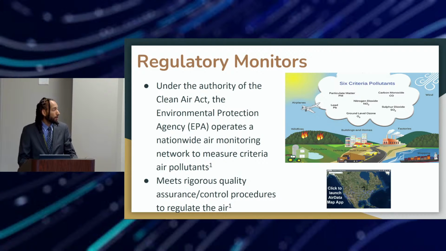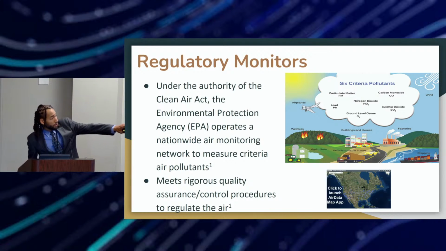Okay, so let's talk first about regulatory monitors and what they're actually doing. Under the Clean Air Act, we are mandated to monitor these 6 criteria pollutants that you can see here. You have particulate matter, carbon monoxide, carbon dioxide, lead, O2, and sulfur dioxide.